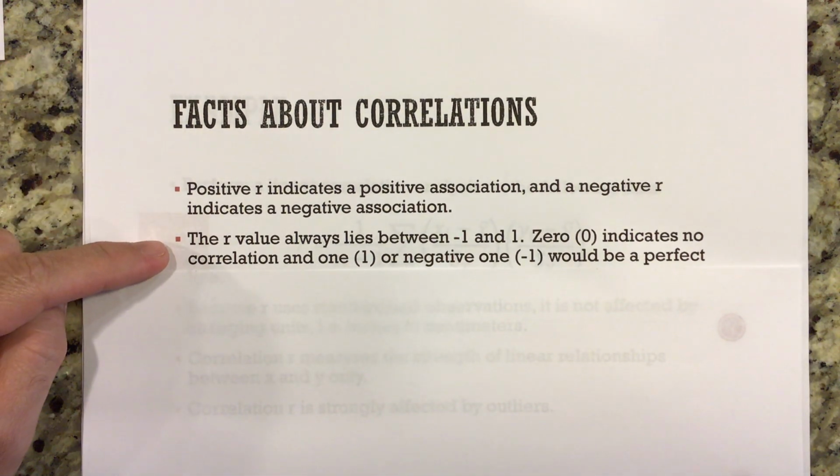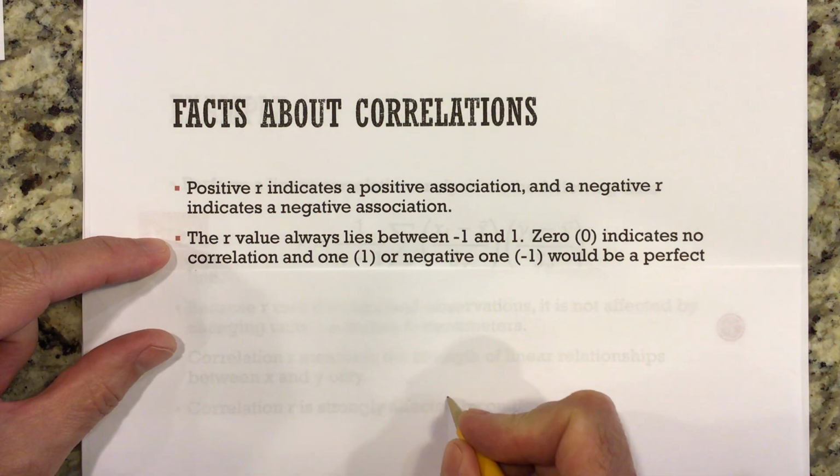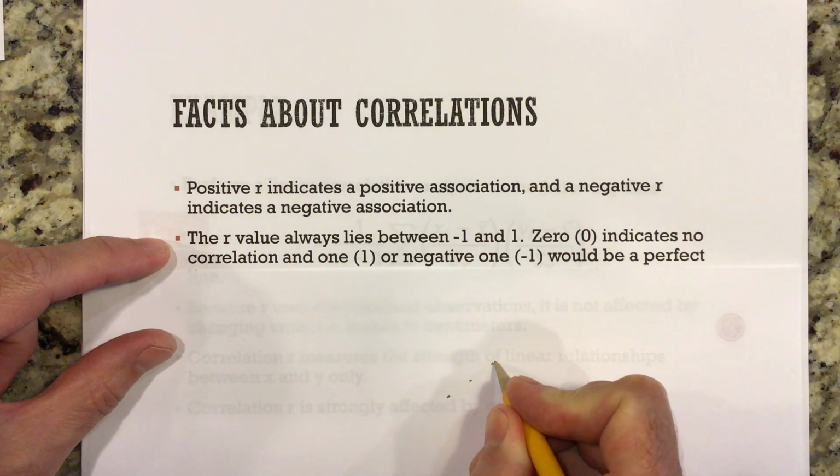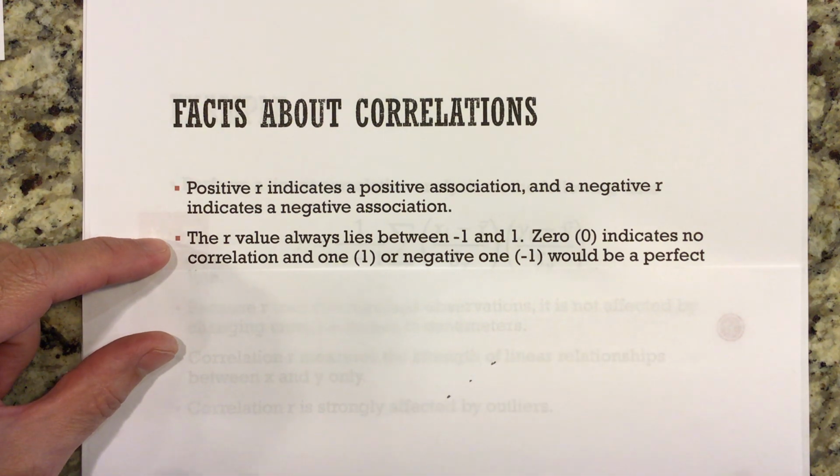Now r, we just mentioned it could be positive or negative, but it always lies between -1 and +1 inclusive. So if I have a perfect set of collinear points, let's say those are 3 collinear points, that would be a perfect positive correlation. I would get 1, right?